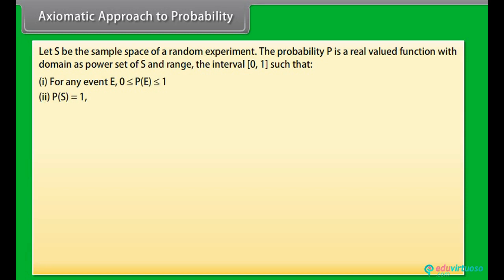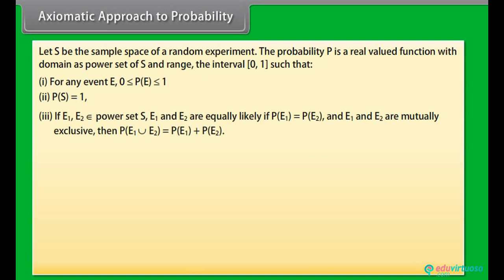And 3. If E1, E2 belong to power set S, E1 and E2 are equally likely if P(E1) is equal to P(E2), and if E1 and E2 are mutually exclusive, then P(E1 union E2) is equal to P(E1) plus P(E2), where P(Ei) is called the probability of event E.